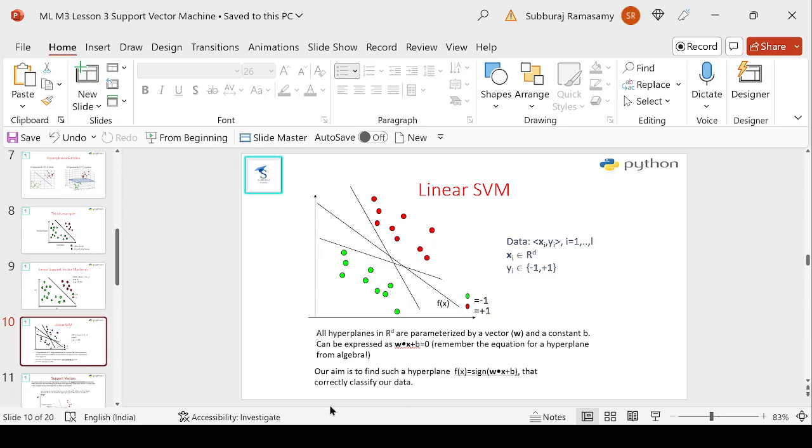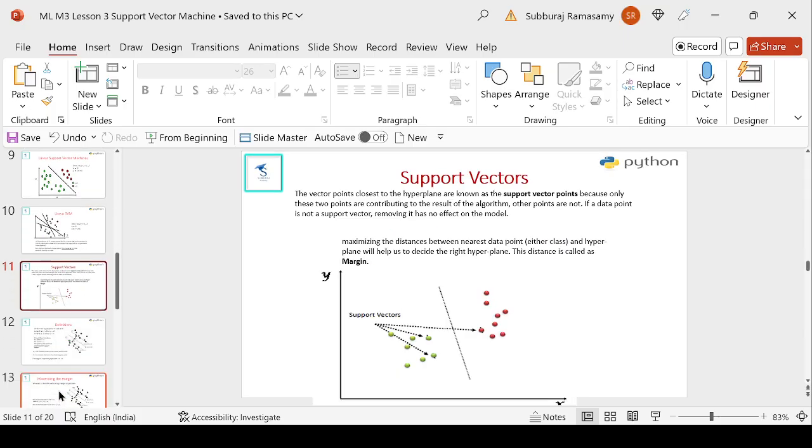Our aim is to find a hyperplane Wx plus b that correctly classifies our data. We are always very interested in the fewest errors. What are support vectors? Support vectors are those data points which lie closest to the hyperplane.